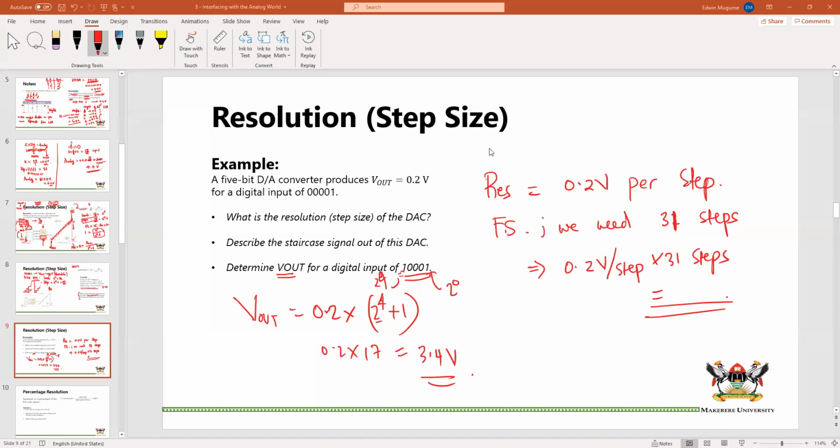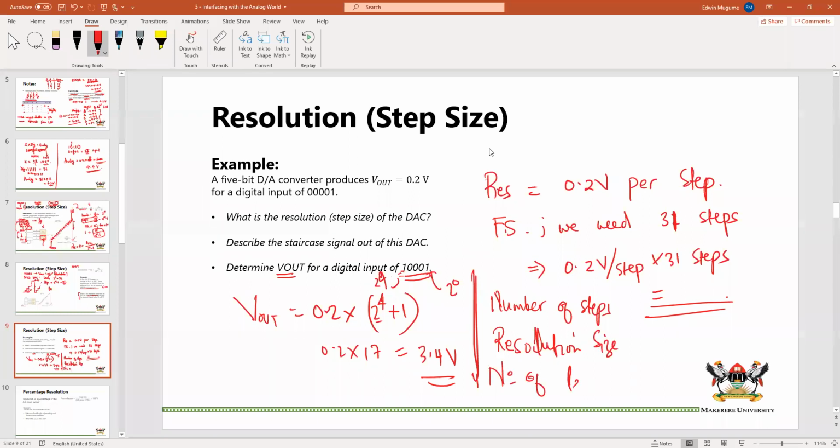I may not even bring a question like this, how to describe the staircase signal out of the blue. But I think when you want to describe it, you want to describe it in terms of three things: number of steps, resolution size, and number of levels.